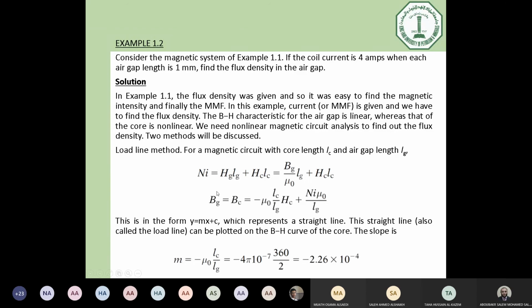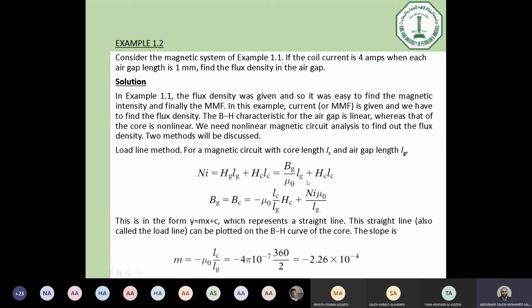Simply, when we substitute with the available data, we'll find that B of gap, or core as well, equals minus mu naught Lc divided by Lg multiplied by Hc, plus Ni mu naught divided by Lg. Just get B on the left hand side and move Ni to the other side.